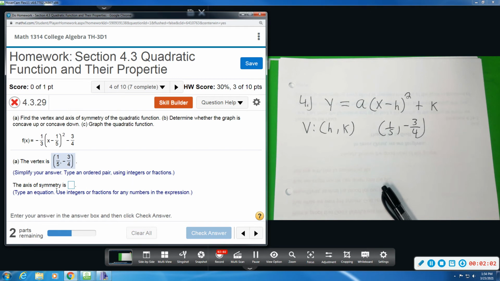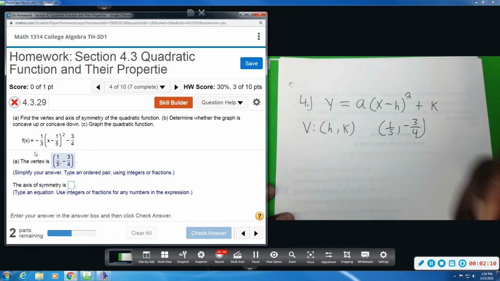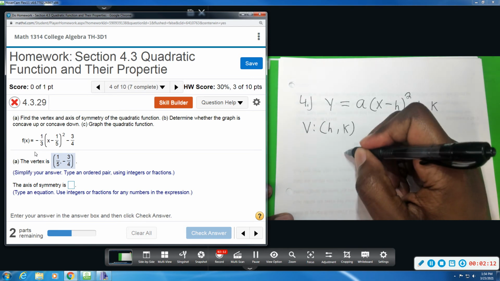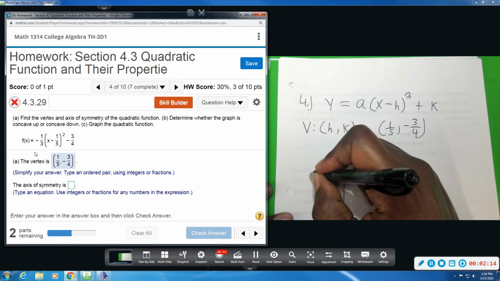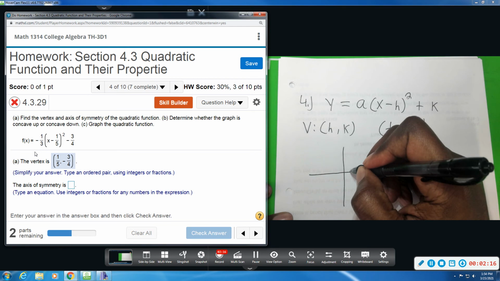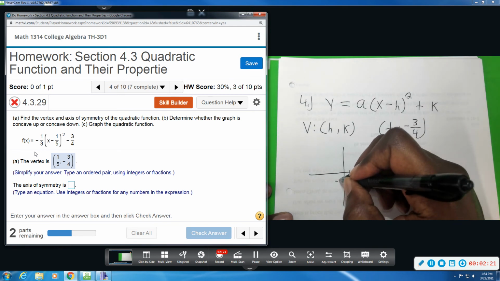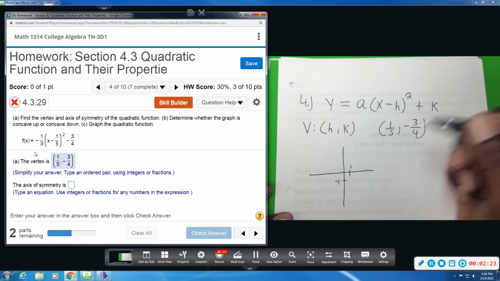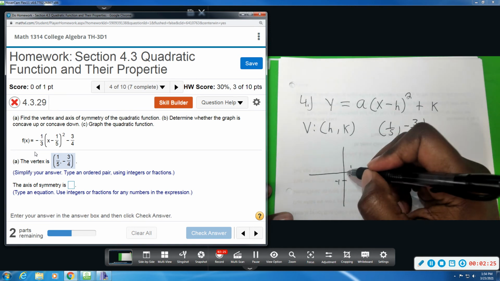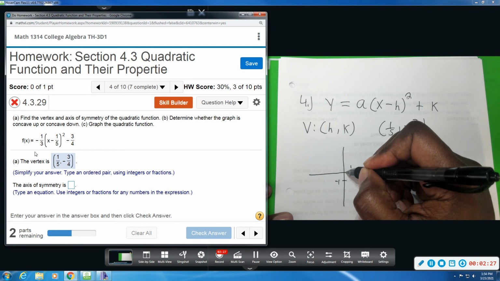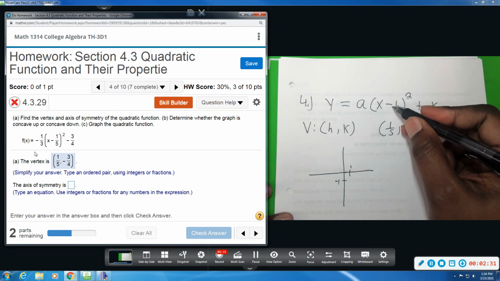Okay, the axis of symmetry. So from this equation here, this graph would open downward. So let me just do a sketch so you can see what's going on. So if I had an x and y axis, let's say that this is 1 to the right. This is negative 1 down. So this is positive 1, negative 1. So 1/5 is going to be just barely moving over right here. But remember, it's going the opposite direction.